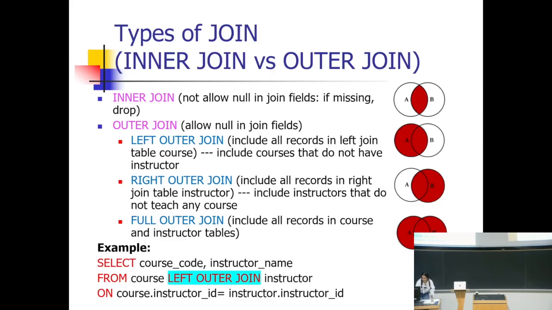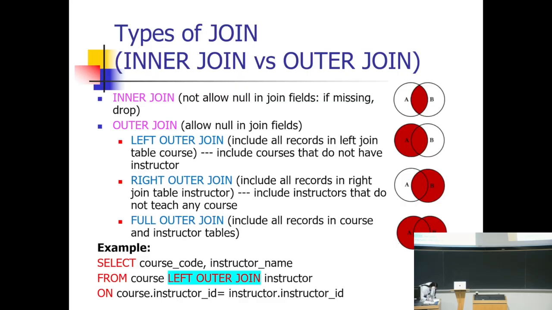So for example, you're writing select course code and instructor name, right? So in the result, you have course code and instructor name. For example, we have ECS 3421. We have, let's say, 4412, for which we don't have an instructor.